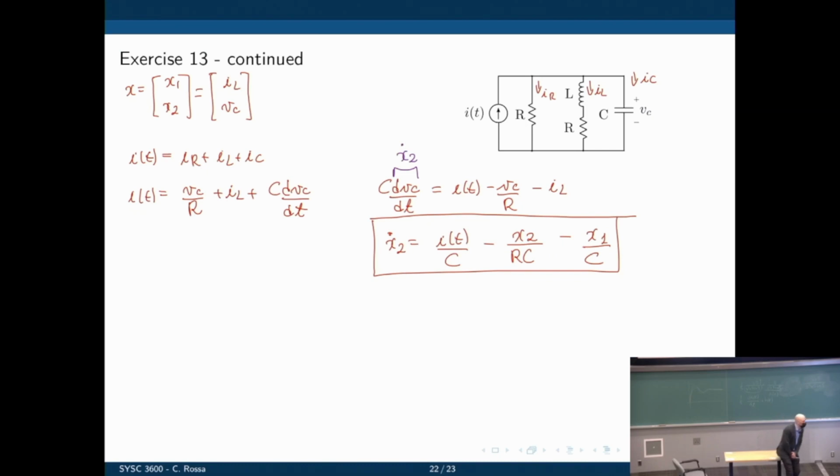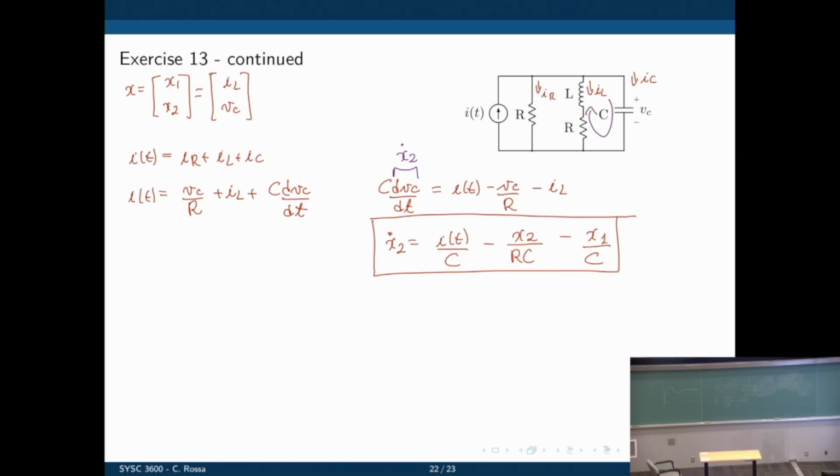So let's look at that. Let's now look for an equation where the voltage across that inductor appears. And which equation can we use? Well, we can use pretty much any loop. We could use this loop or that loop. Doesn't matter. Let's use this loop here and do Kirchhoff's law around this loop.